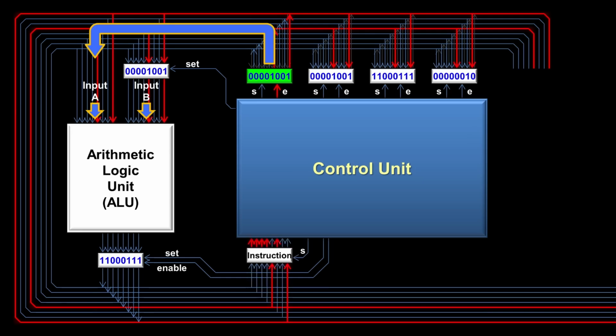The instruction itself is in another register called the instruction register. By the way, the input wires from the bus won't affect this register since the instruction was already saved in a previous step. This register, like the temporary register, also has no need for an enable wire since it just outputs to the control unit. Based upon this instruction, the control unit then tells the ALU what type of operation to perform.